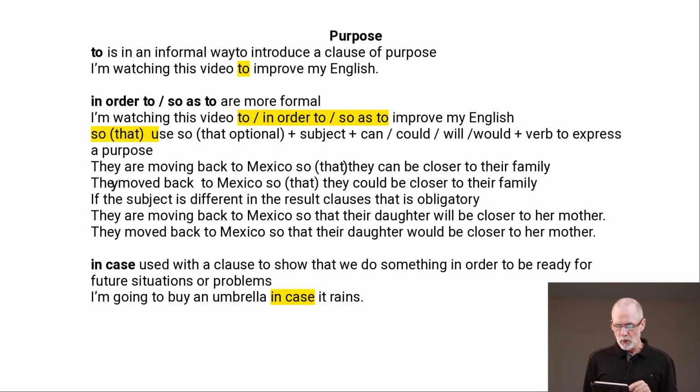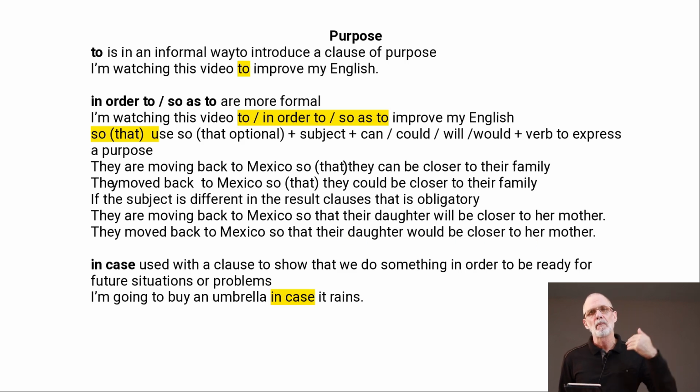In this example, the subject of the first clause is "they", and the subject of the second clause is "their daughter". So the word "that" is obligatory.